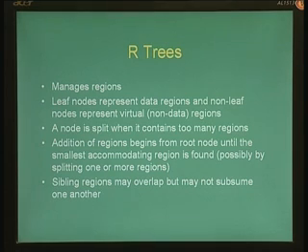So a region is supposed to contain other regions within it, and it is supposed to have a particular capacity. Whenever a region exceeds its capacity, it is split to form two different regions.